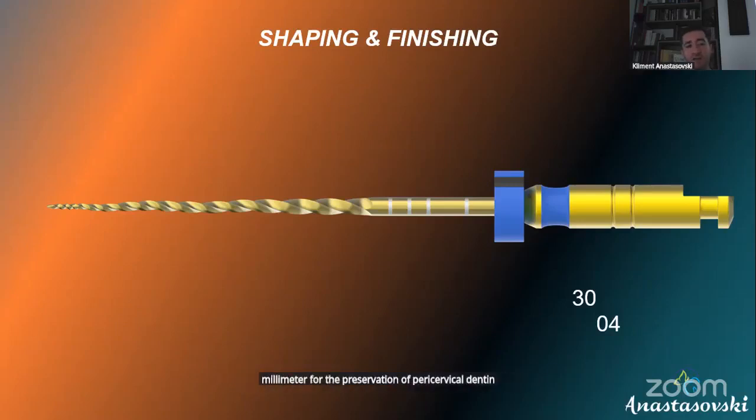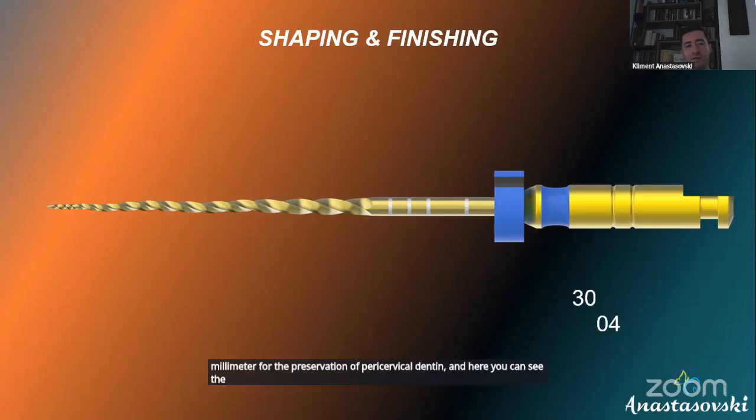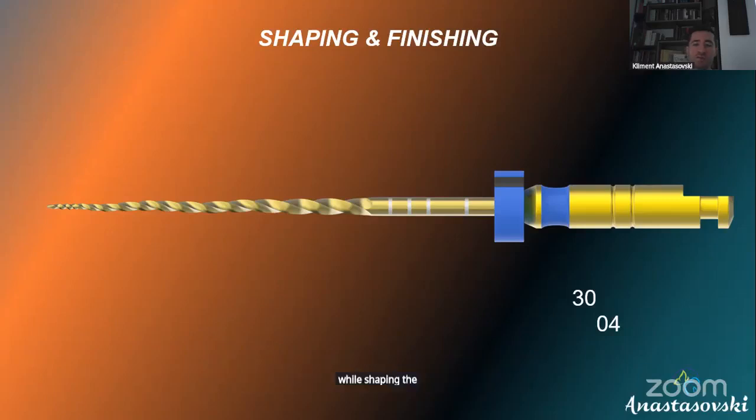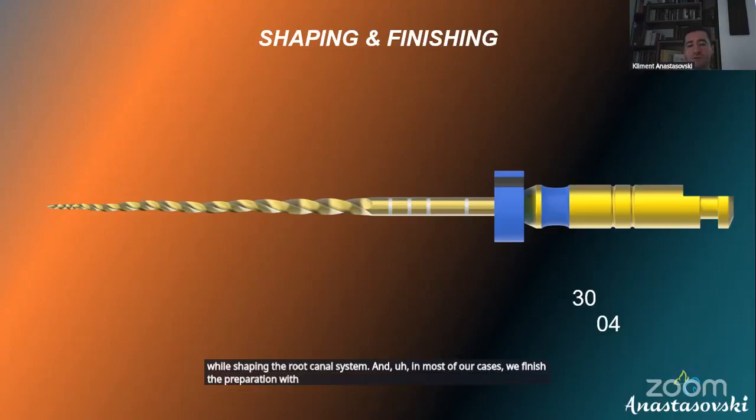Here you can see the apical part of the file and the special design for making that apical plug while shaping the root canal system. In most of our cases, we finish the preparation with this file, the R3.